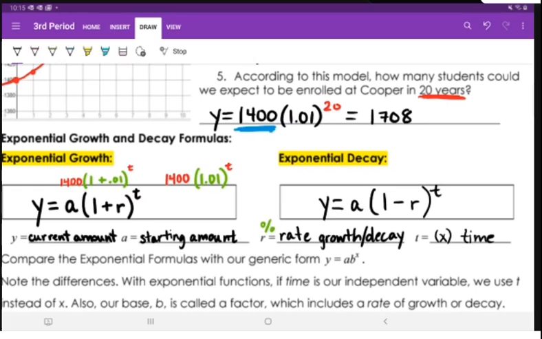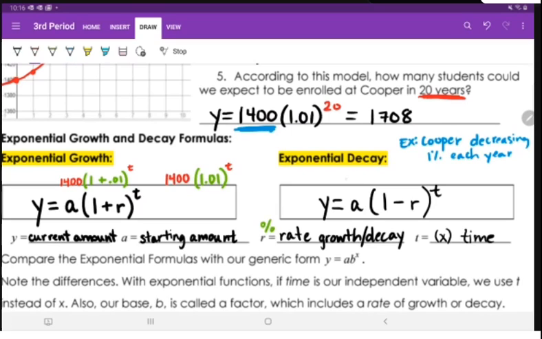So if we had an example that said, Cooper student population decreasing by 1% each year. So now we're going to flip it on its head. Instead of our Cooper population increasing by 1% each year, we're going to pretend like it's decreasing by 1% each year.